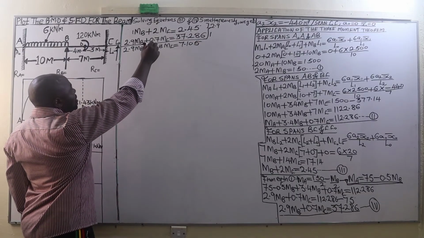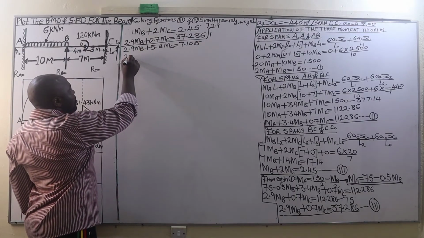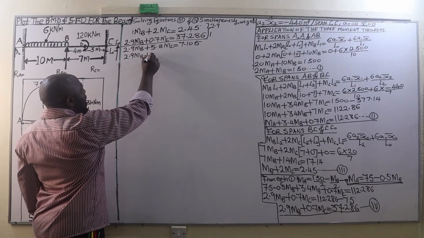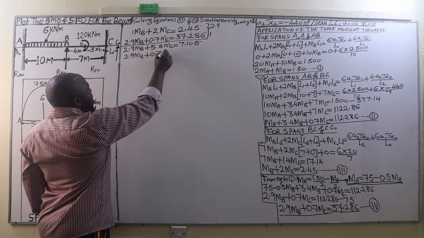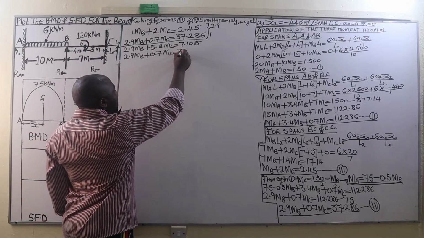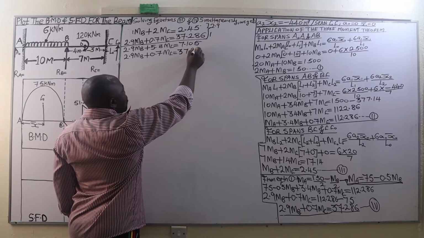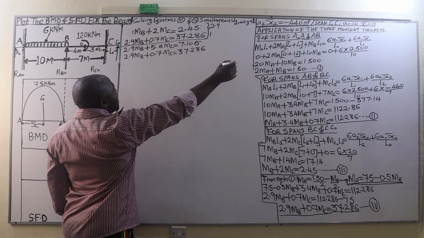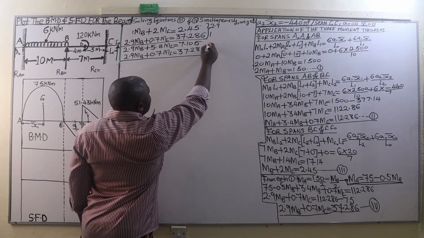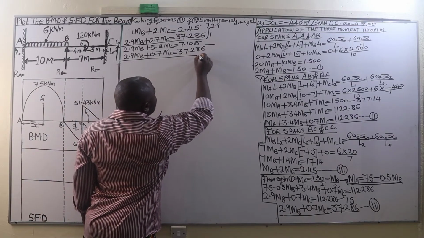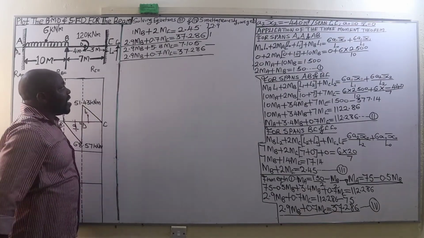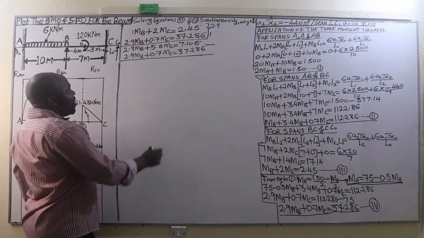Then on the second equation, we are going to have 2.9 MB plus 0.7 MC, which will be equal to 37.286.